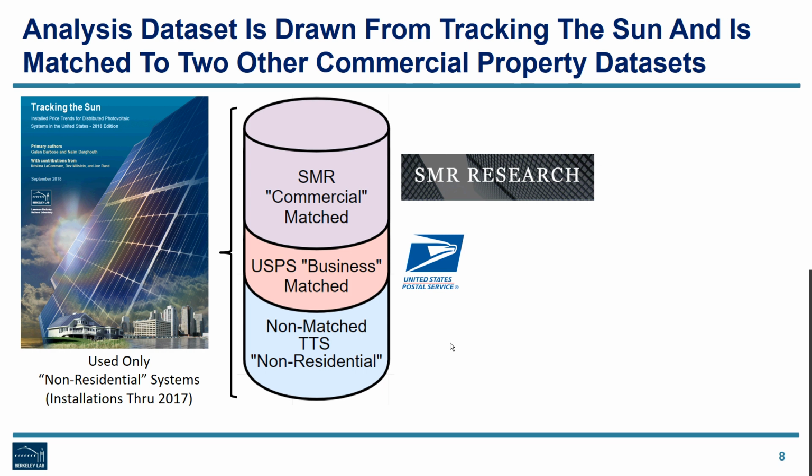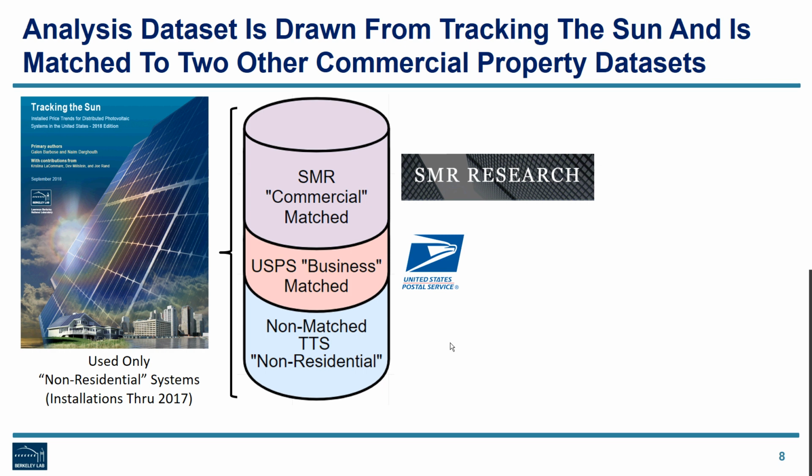There were addresses that we knew were commercial but didn't match to SMR. Now that could be the case because of differences between a mailing address that came in through Tracking the Sun versus the actual parcel address that SMR Research might have had. Regardless of the case, we wanted to include as many of those data that we knew were commercial systems that had rooftop installations in our project if we could.